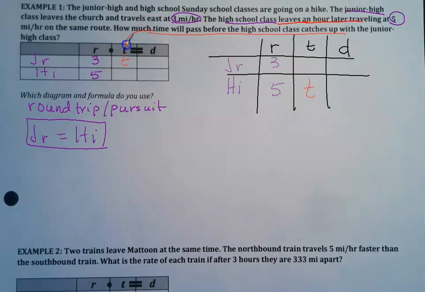So time is how much time it takes for them to catch up, how much time they're in the hike, right? That's what we're thinking about. What we also know is that the high schoolers left an hour later. So what is their time in relation to the junior high time? They left an hour later. Okay, so what does that look like numerically or mathematically?